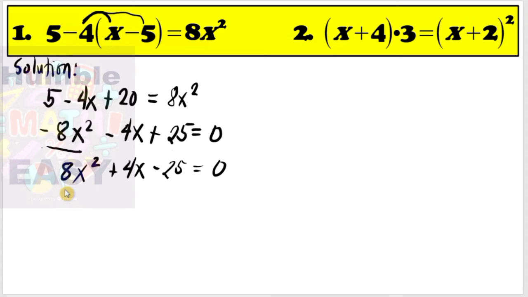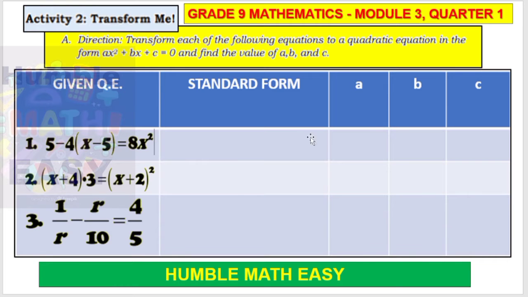So this is now the standard form of problem number 1: 8x squared plus 4x minus 25 is equal to 0.